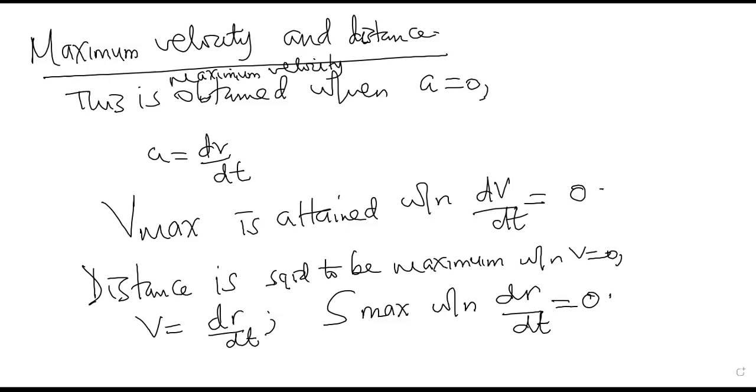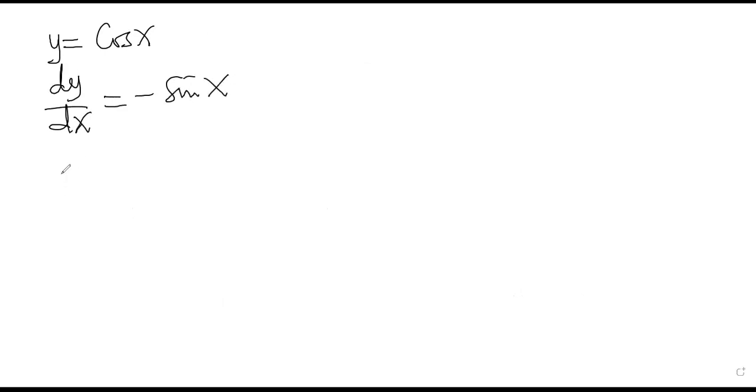Then another thing maybe to recall, with the integrals and derivatives of trigonometric functions, we shall meet sine and cos somewhere. If you have y as cos x, when you differentiate it, dy/dx is equal to negative sine x. But when you integrate a cos, you get positive sine x plus a constant.